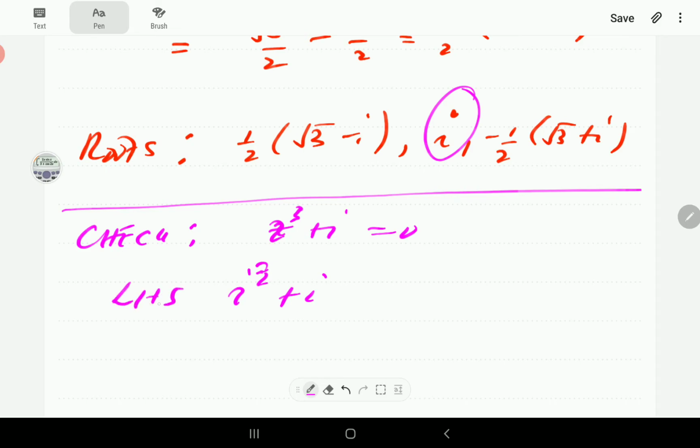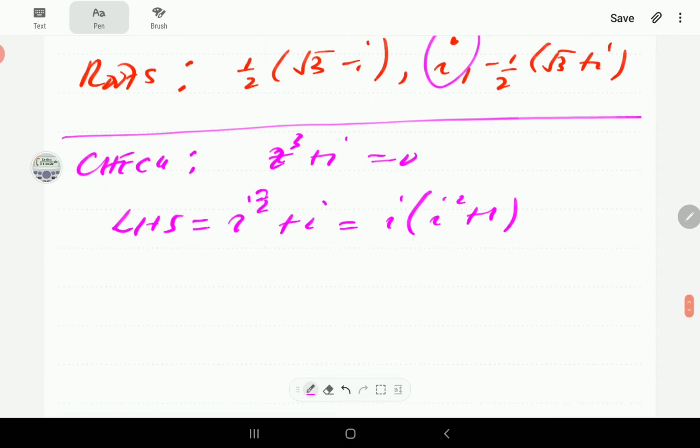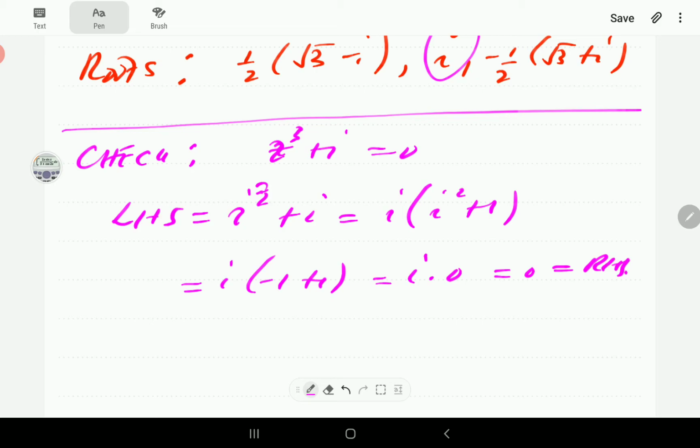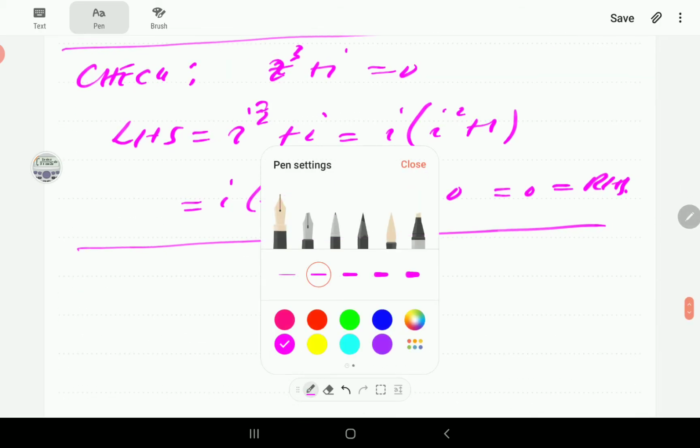Working on the left hand side, if you factorize i, this is i into i squared plus 1. But we know that i squared is negative 1, so this is i times 0, which equals 0, the same as the right hand side. So that shows us that indeed i is a root of our equation.